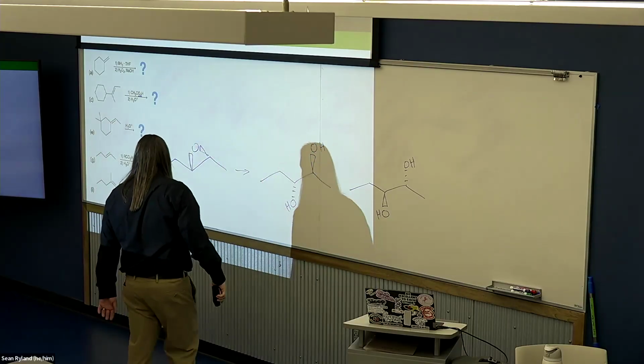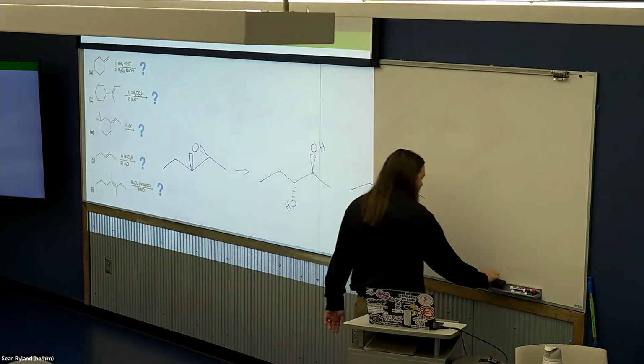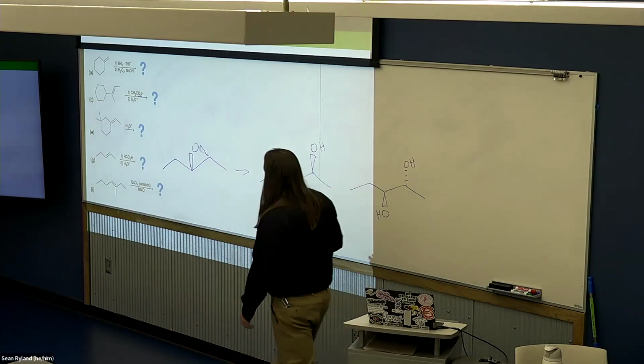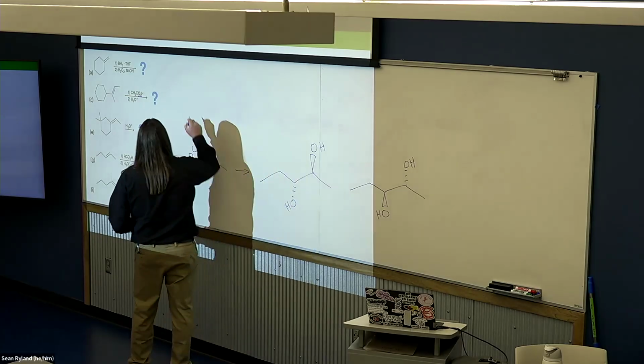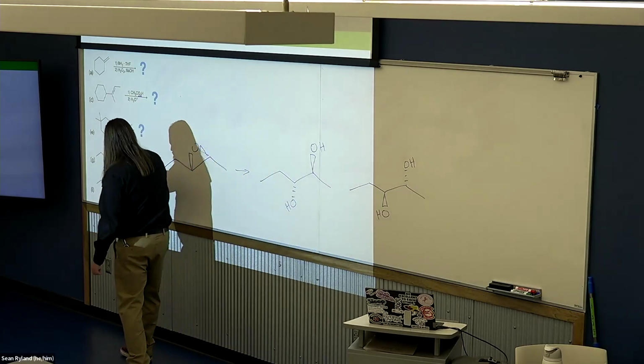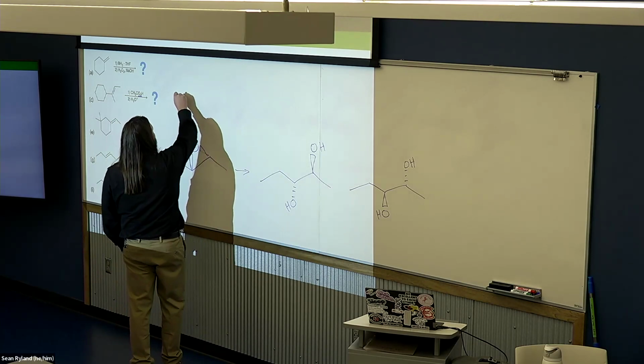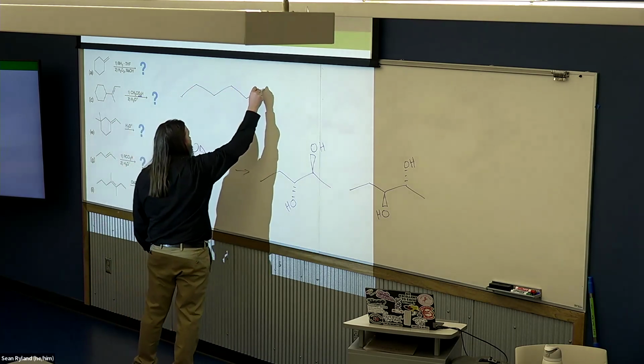And then for this one, it's going to be syn dihydroxylation. So with these ones we need to be careful. See, that's 7. 1, 2, 3, 4, 5, 6, 7.